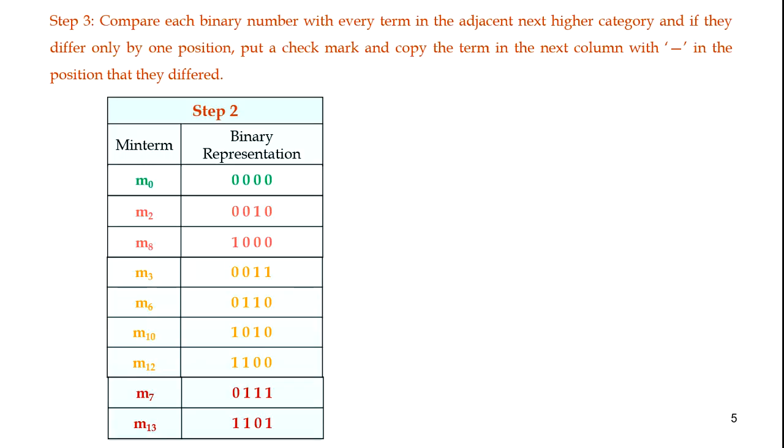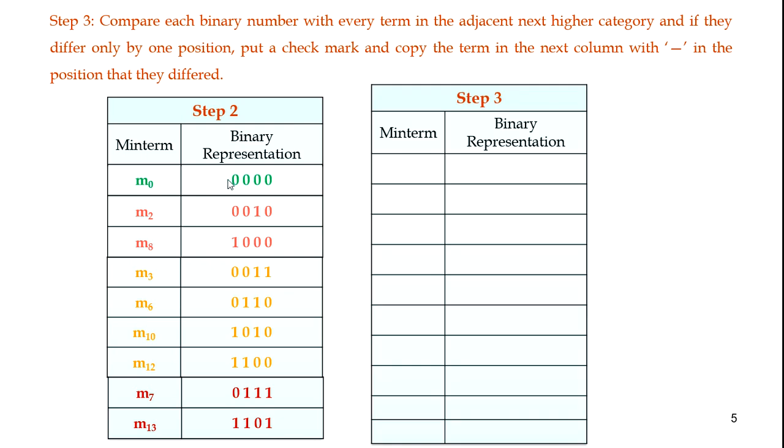So the next step is we have to compare each binary number with the next higher order category. So for step 3 we can plot like this. First we have to compare M0 and M2. It will be M0 comma M2 in this column, and next we compare the binary representation of M0 and M2.